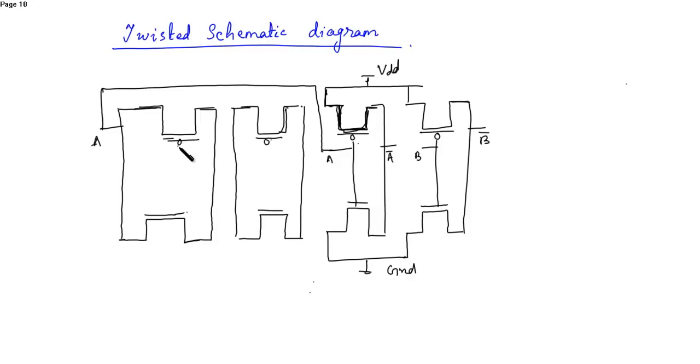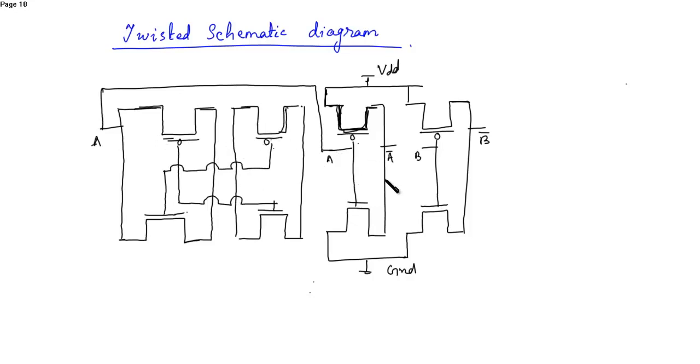We know that the gates are connected in opposite manner. Okay, so this is A and this is A bar.